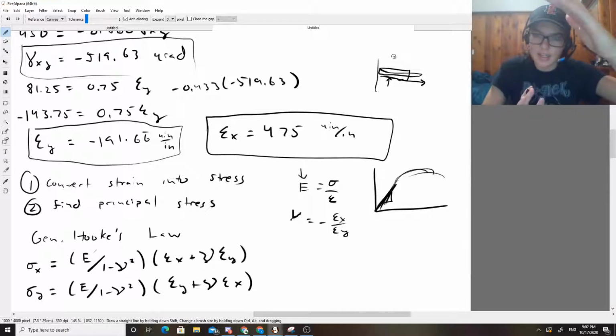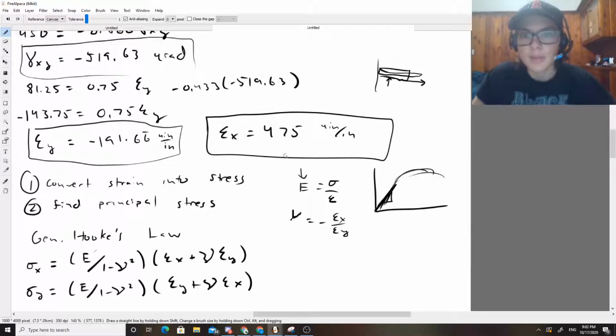So it's getting smaller. Like the deformation is becoming shorter instead of longer. And that's what Poisson's ratio is about. And so you can manipulate these relationships mathematically and get generalized Hooke's law.